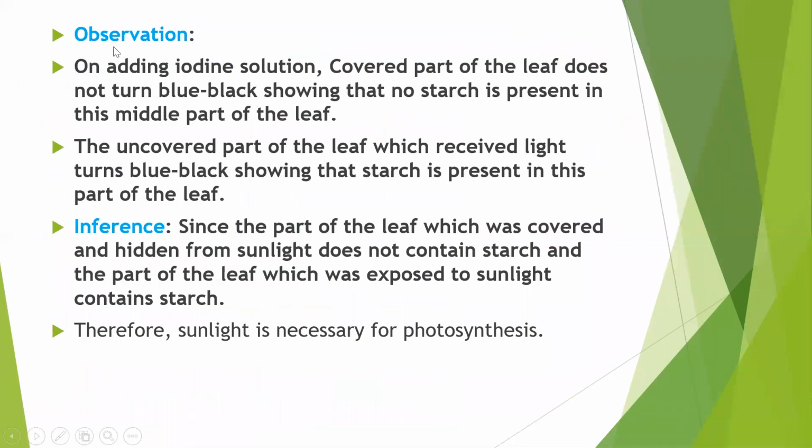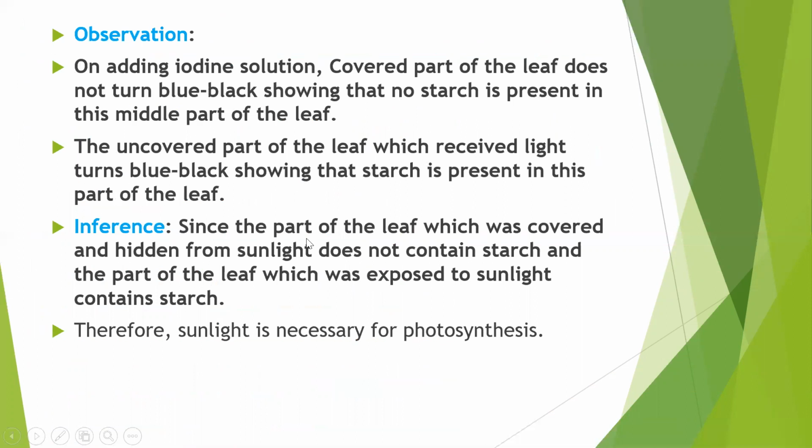So, what we observe on adding iodine solution: the covered part of the leaf does not turn blue-black, showing that no starch is present in this middle part of the leaf. The uncovered part of the leaf which received light turns blue-black, showing that starch is present in this part of the leaf.